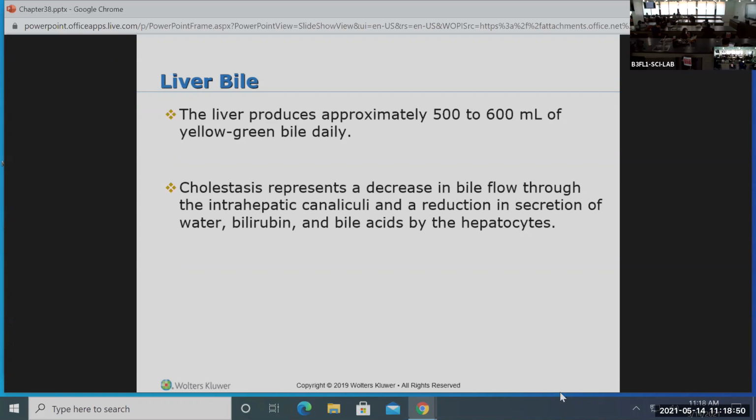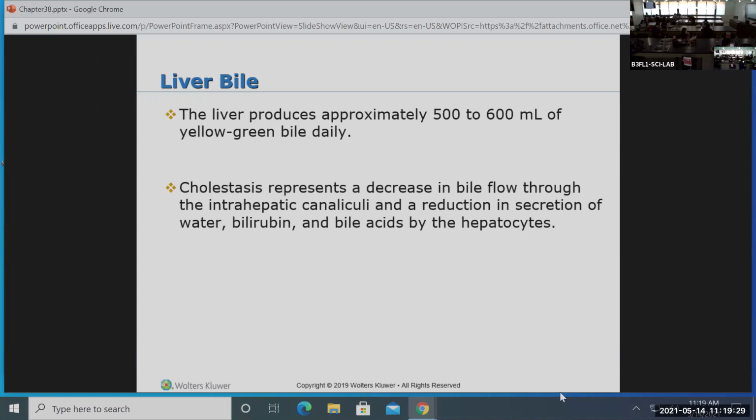Now, cholestasis represents a decrease in the bile flow through the intrahepatic canaliculi and reduction in the secretion of water, that causes cholestasis, obstruction in the flow of bile, bilirubin and bile acids by the hepatocytes. Normally we produce almost 500, 600 ml of bile per day.